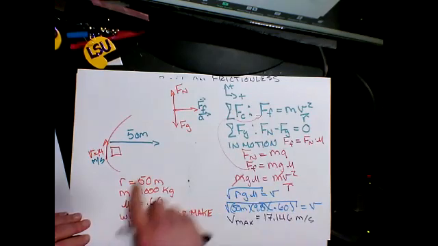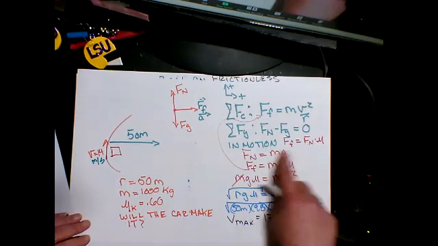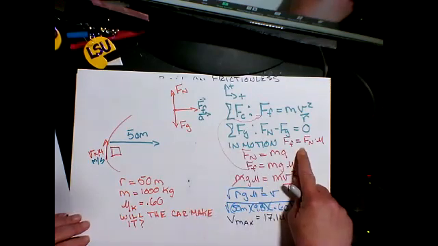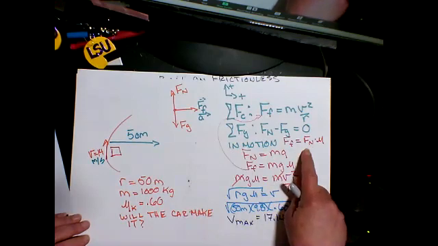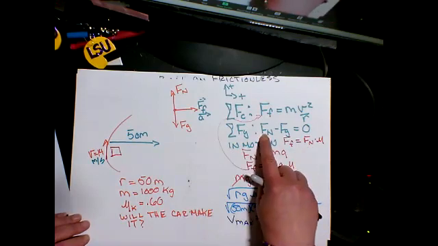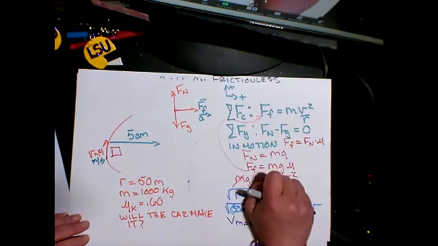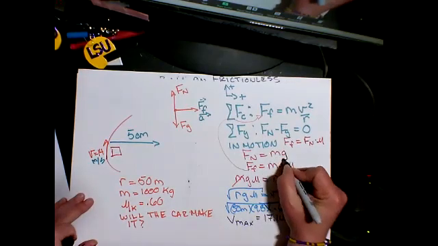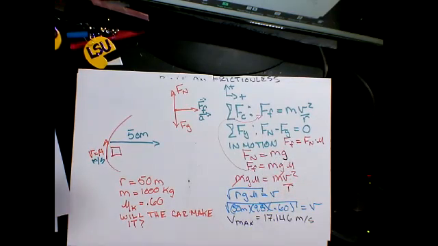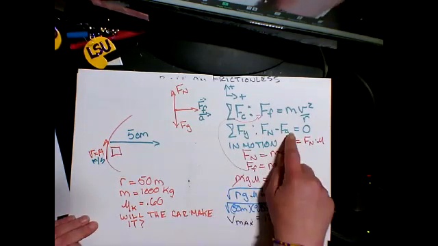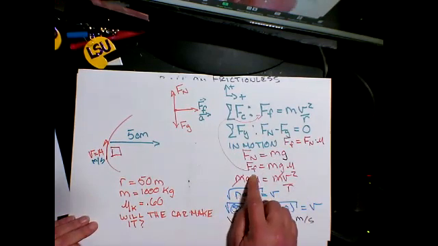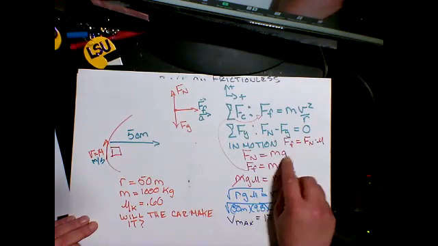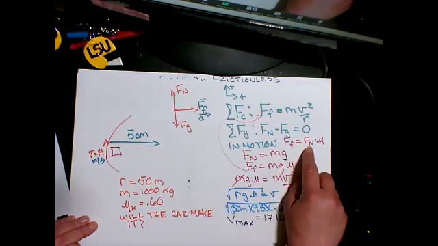So I went that route. Because it's in motion, I can make that substitution: the force of friction is defined in terms of the normal. From my summation of forces, I define the normal in terms of gravity, so the force normal equals mg. The force of friction is then mg times mu.